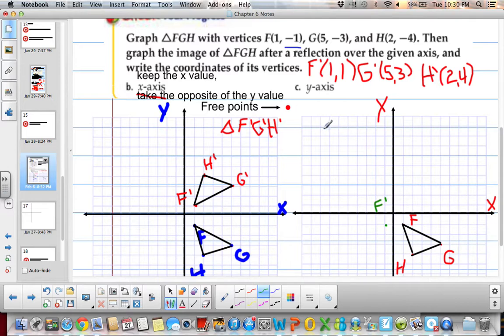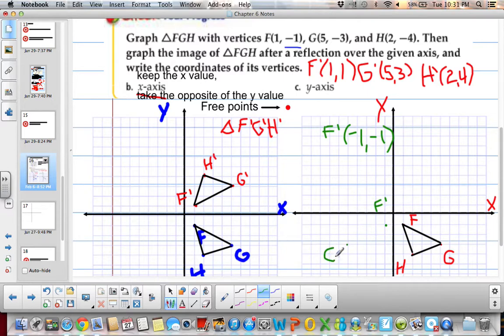So now our new F prime over here, so let's write it up here. F prime is negative 1, negative 1. So see how I took the opposite of 1 and got negative 1, and then I kept my y value. So G then would be negative 5, negative 3. So 1, 2, 3, 4, 5, 1, 2, 3. Did I count that right? 1, 2, 3, 4, 5.